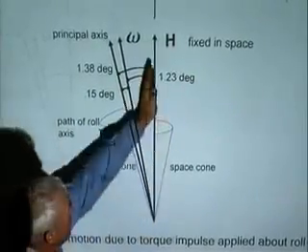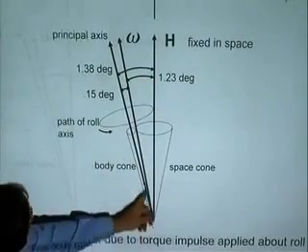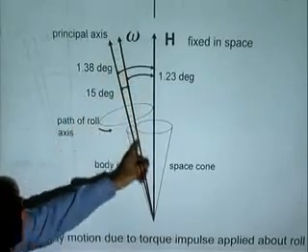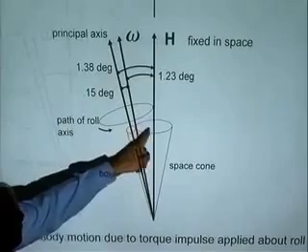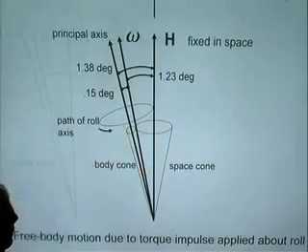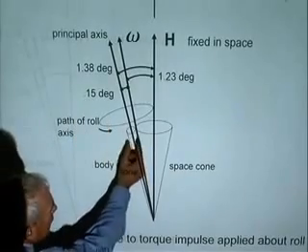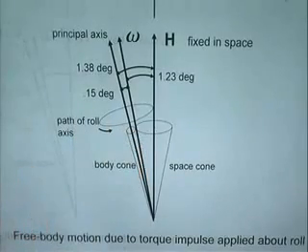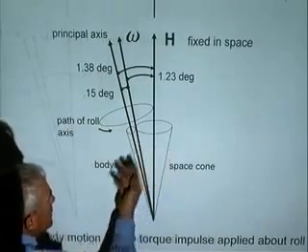And that angular momentum vector was going to be a constant in space. This initial angular velocity, instantaneous angular velocity, was the point of contact between the space cone and the body cone. So the body cone's only 1/10 of a degree or so in half diameter. And the motion is going to be that of the body cone rolling without slip around the space cone.